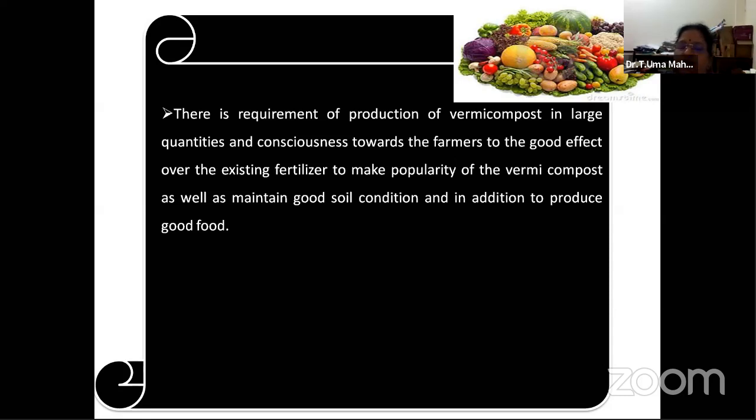So as an entrepreneur or at the domestic level for roof gardens and other things, we can have a good impact from production of this vermicompost in situ or in large quantities, so that it can popularly go as a good natural fertilizer to improve the soil condition as well as to produce good food.